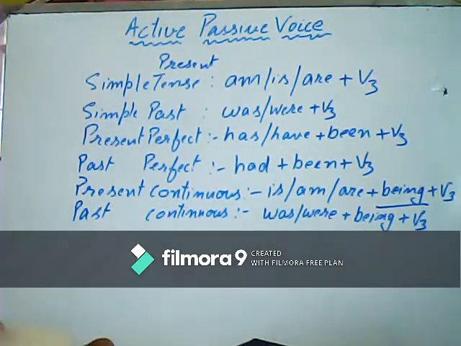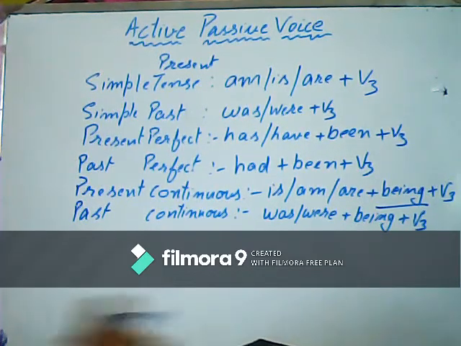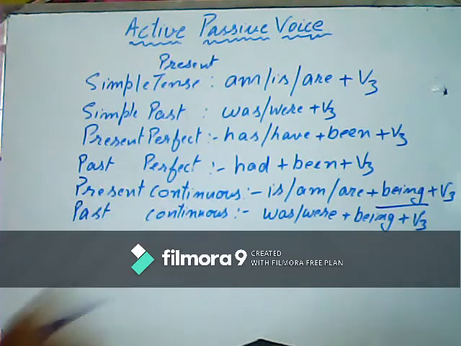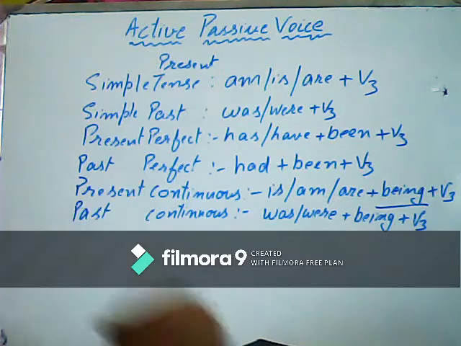According to this table, we will keep changing the active voice into passive voice. Let me tell you a few examples now. If you have noted this table, then we'll go to the next part, that is, we'll take some examples of different tenses.